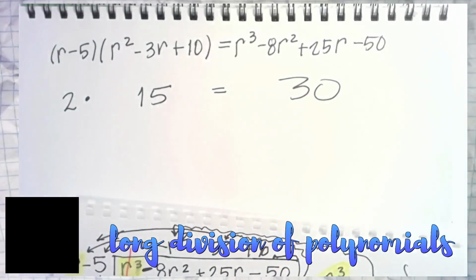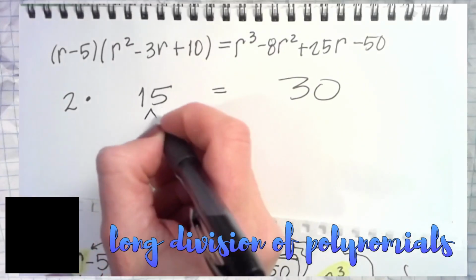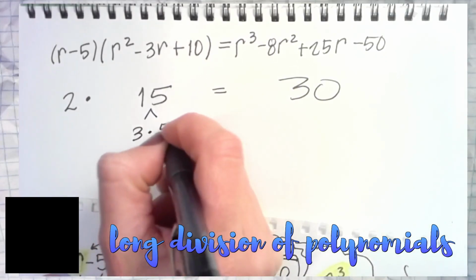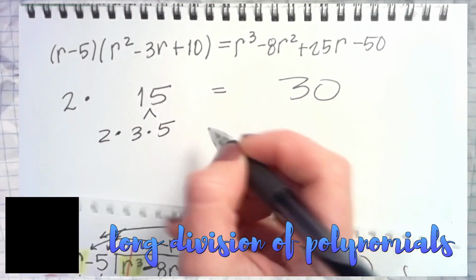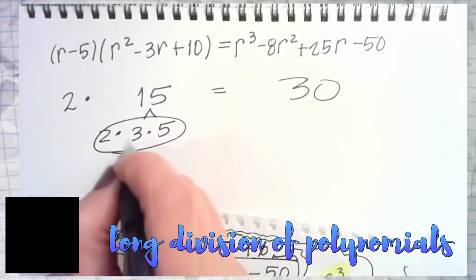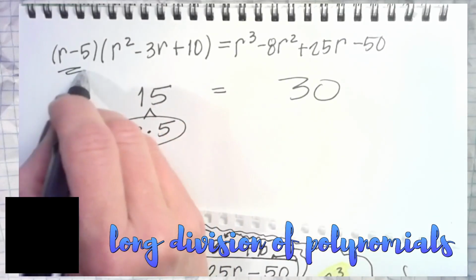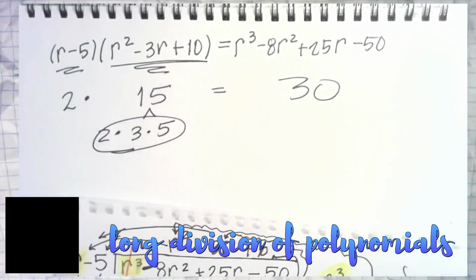However, sorry, the camera shut off, but I can factor the 15 further, right? So I'm going to break the 15 down to 3 times 5. So really we have 2 times 3 times 5. That's fully factored. So what I want to know is, can I factor either that or that further?